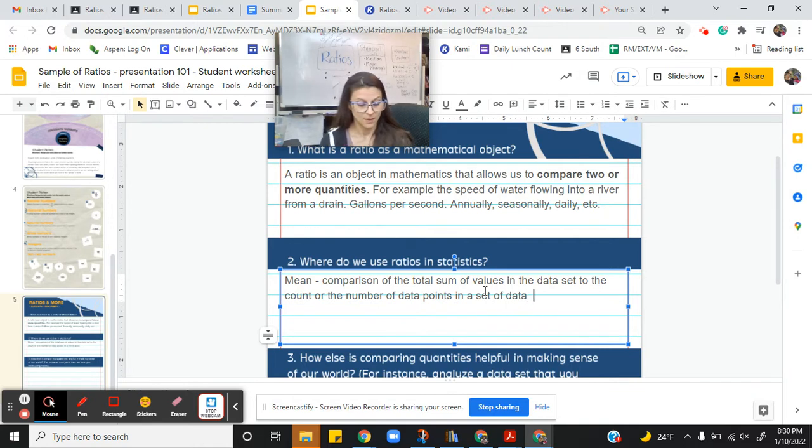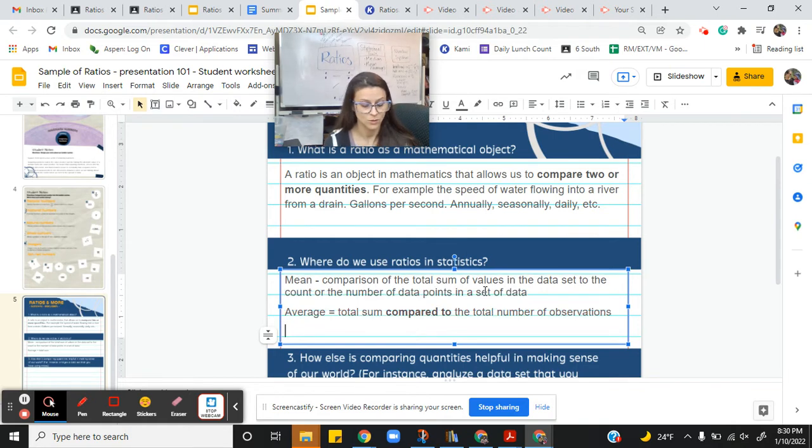So you're doing the average: the total sum compared to the total number of observations, which gives us this idea of a unit rate or an average rate of change, when we get those total values divided by how many there are, total per single unit. And that gives us this average rate of change.